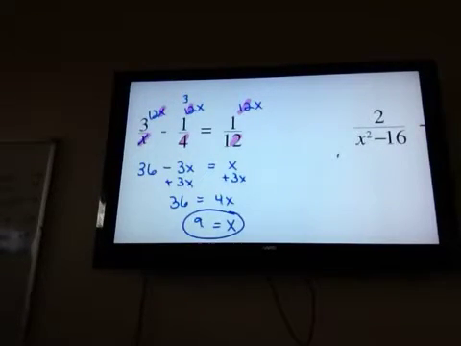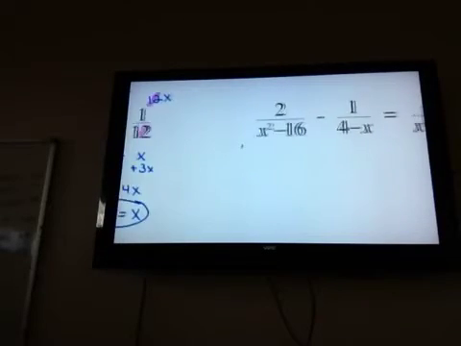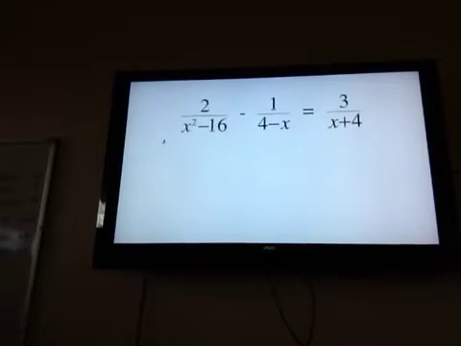Now, on this next example, just like when you added and subtracted, sometimes you have to factor to get the LCD. That is the case here. I have a difference of squares. So x times x, 4 times 4, plus and minus. When I go to get my LCD, I should recognize now that I have inverses.